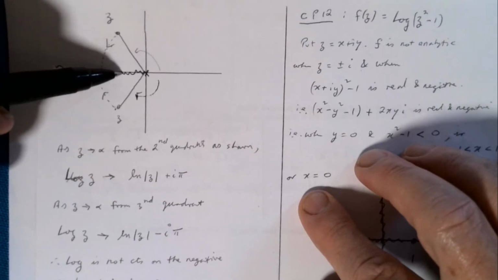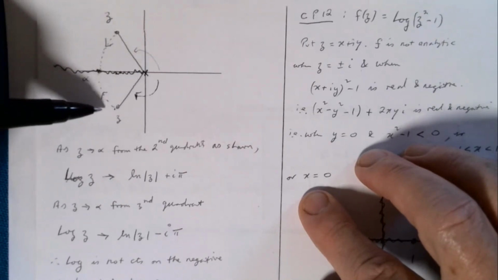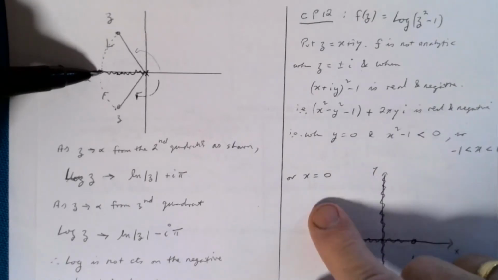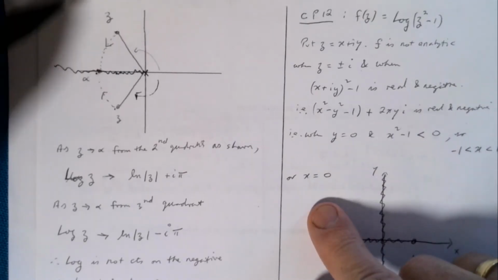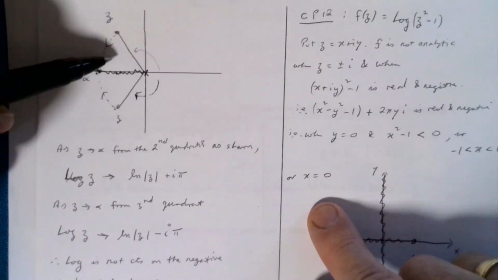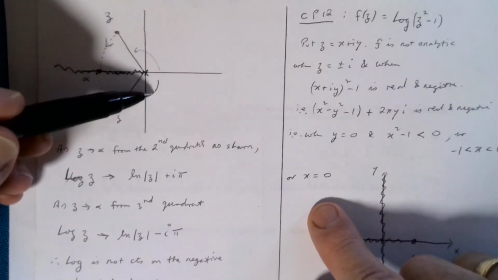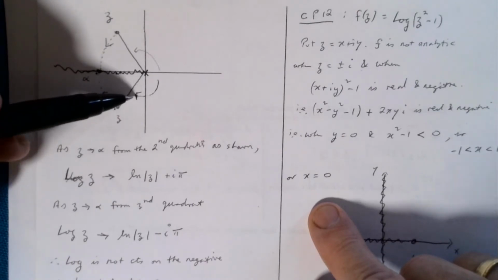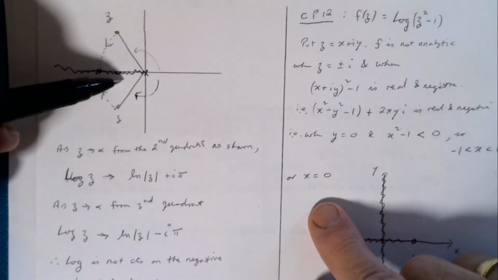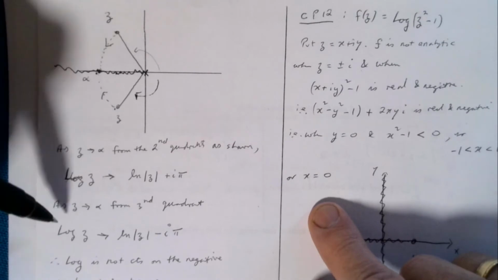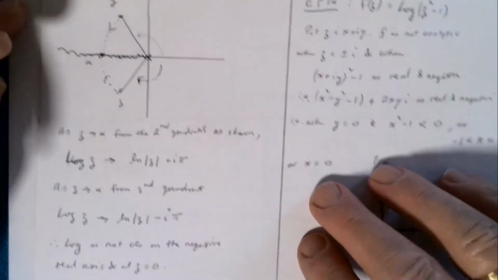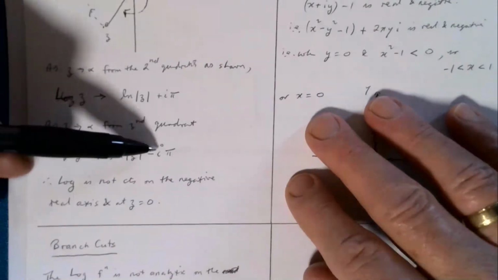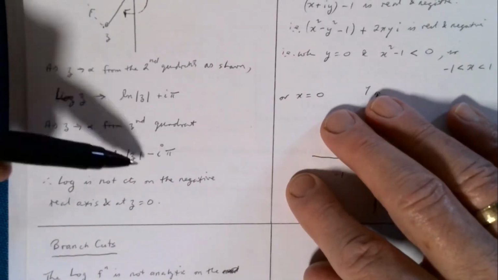On the other hand, if I go towards this same complex number from the third quadrant, now of course the argument of alpha is pi, but in the limit, if I'm going this way, then we have to measure the angle in this direction, and the limit of the angle is going to minus pi. So the log of z, if I go from the third quadrant, is going to log of mod z minus i pi, and these of course are not the same.